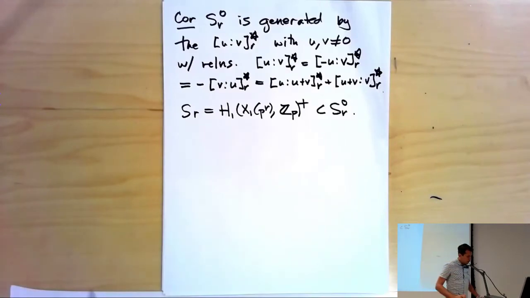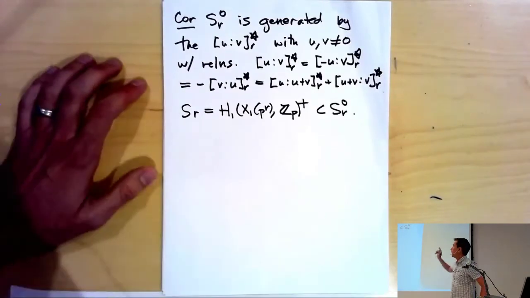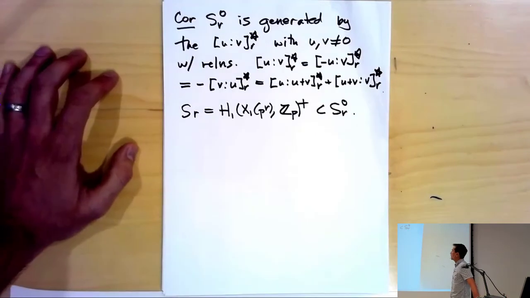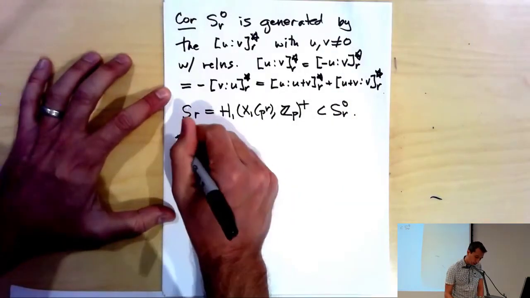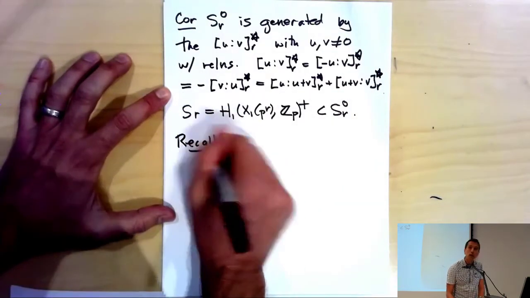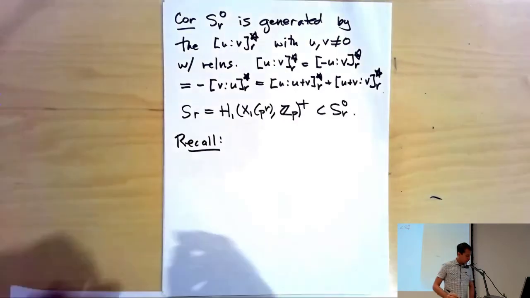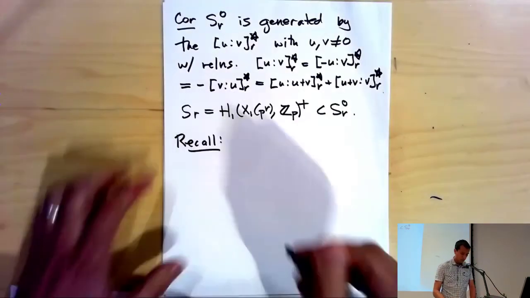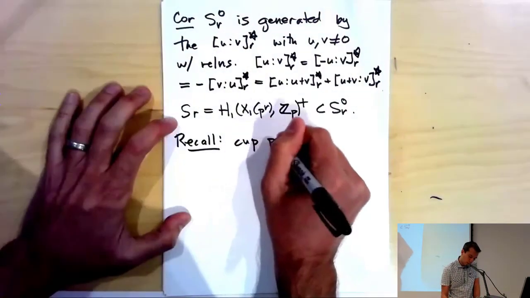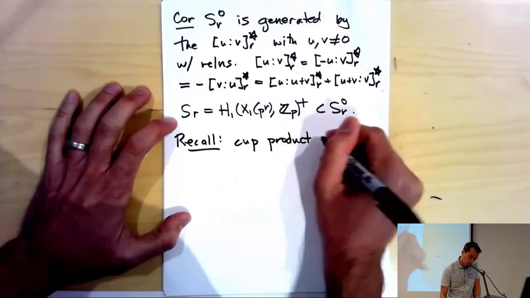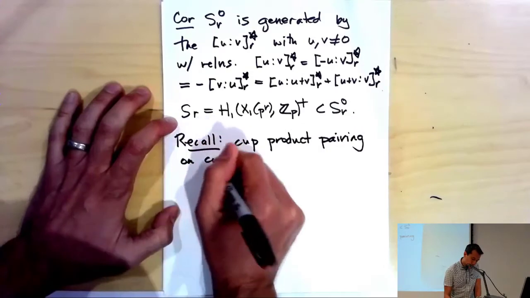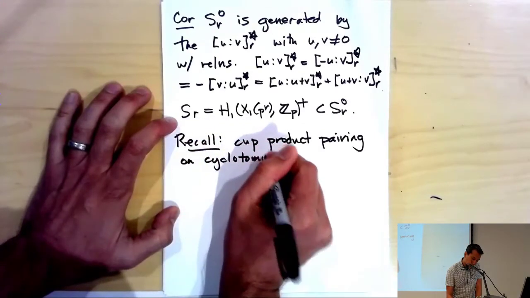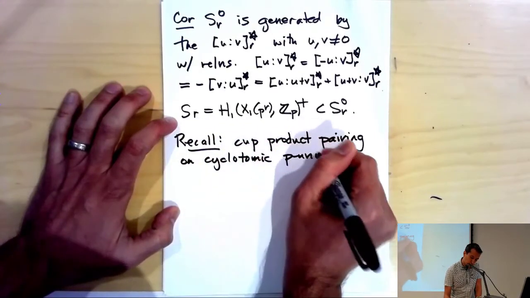Okay, so now let's recall that in the last talk, we had a cup product pairing, which I could restrict to cyclotomic P units. So recall, we had this pairing, cup product pairing, on cyclotomic P units.